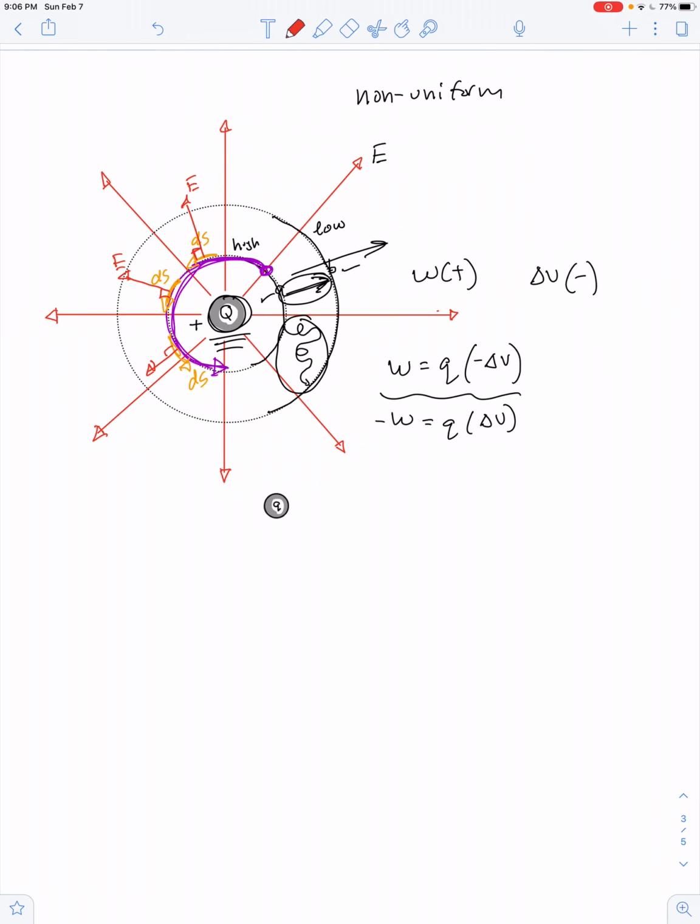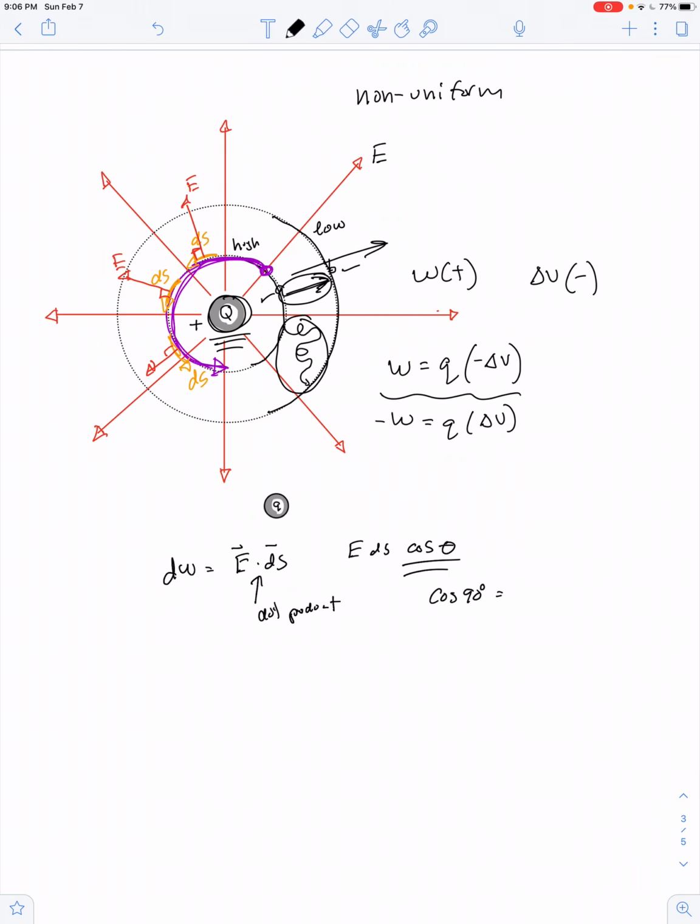And so the little bit of work done, each little dW, would be equal to E dot ds, a dot product. We can think of this as E ds cosine theta.